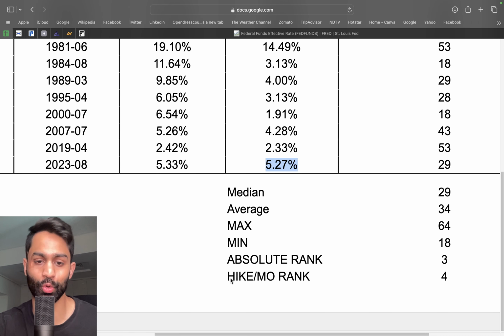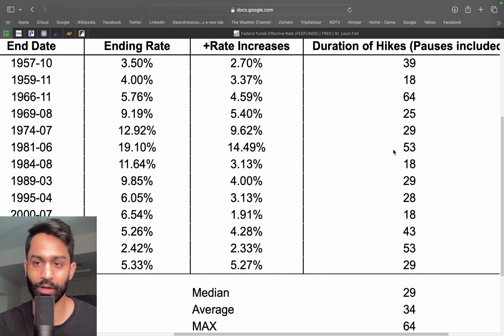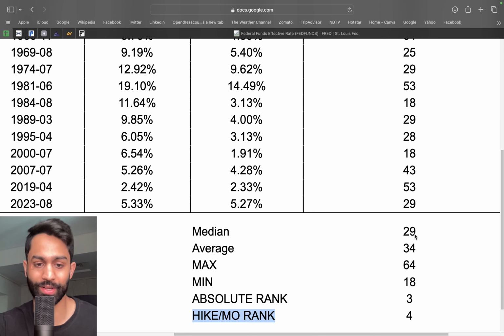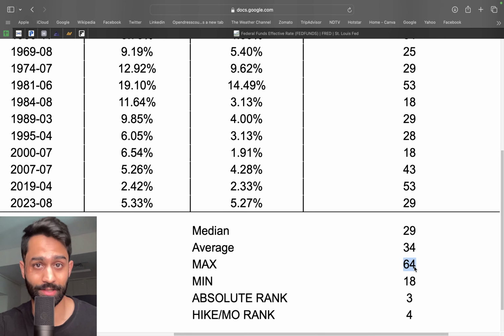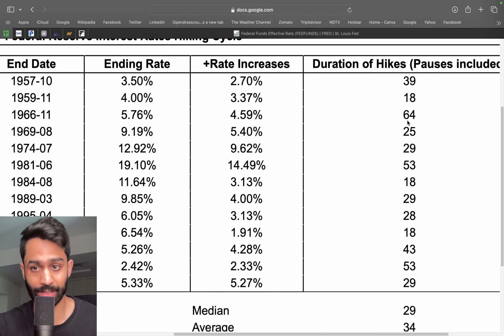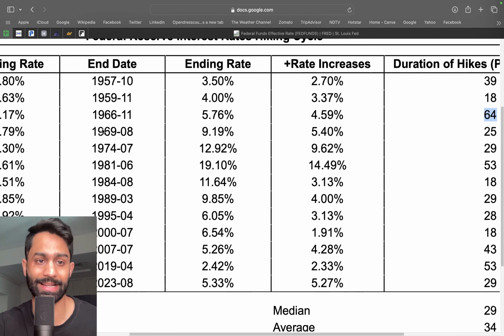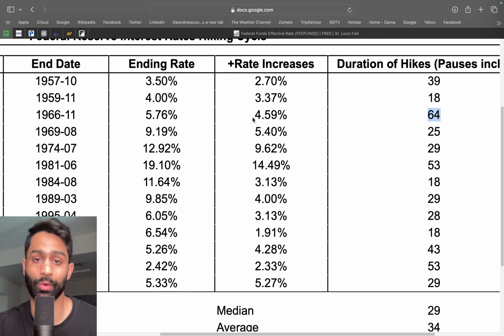And when it comes to the number of hikes we experienced on a monthly basis, right, because some hiking cycles were longer, some were shorter, you'll notice the maximum was 64 months. 64 months the Federal Reserve just constantly was hiking interest rates. This was back in the 1960s, but they were only increasing it by 459 basis points over that 64-month period.